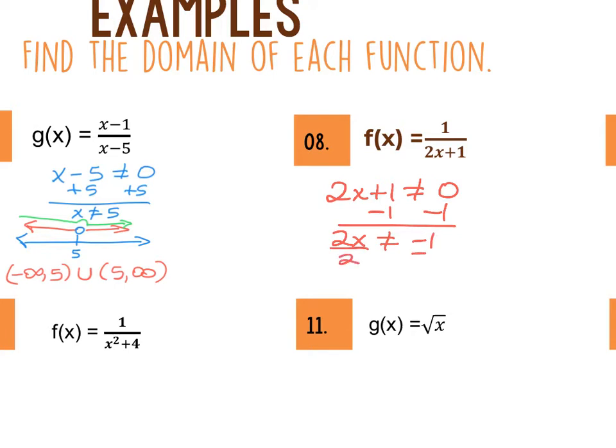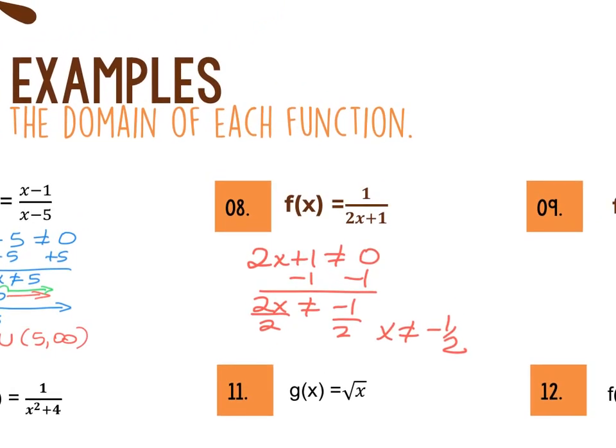Divide by 2. x cannot equal negative 1/2. So let me go ahead and I'll write the interval notation up top here. So again, if you put the negative 1/2 here, that's where the hole is, and then it goes that way. So negative infinity up to the negative 1/2, unioned with negative 1/2 to infinity.